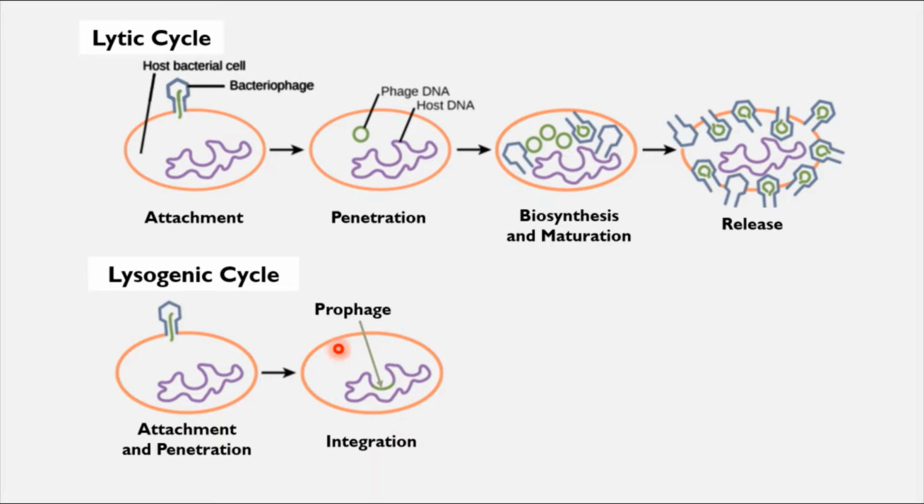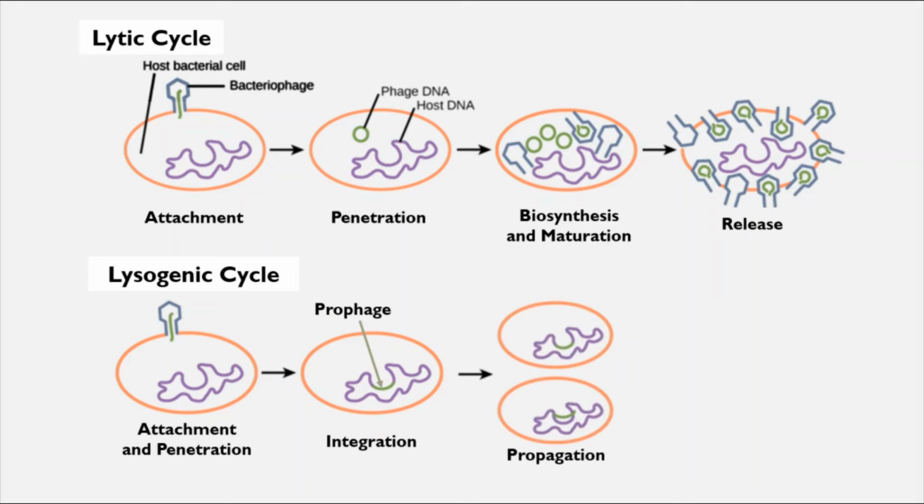The prophage, literally meaning pre-phage or pre-virus, can exist inside of a strain of bacteria for literally generations, indefinitely, because every time this bacterium undergoes binary fission and every time it clones itself, it is going to unwittingly also propagate this piece of viral DNA along with the rest of its chromosome.